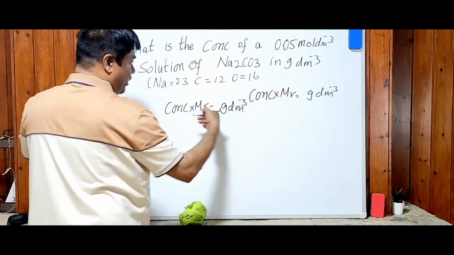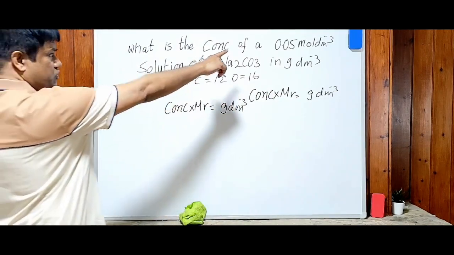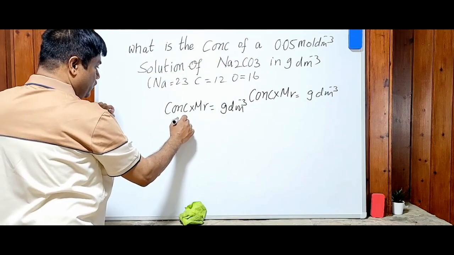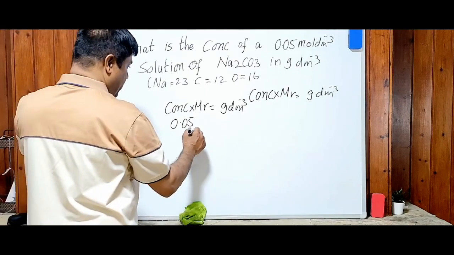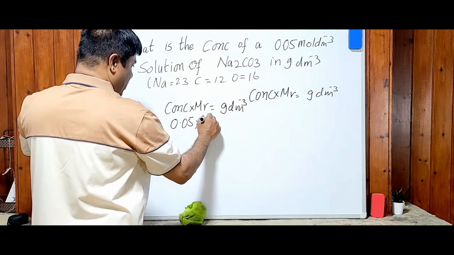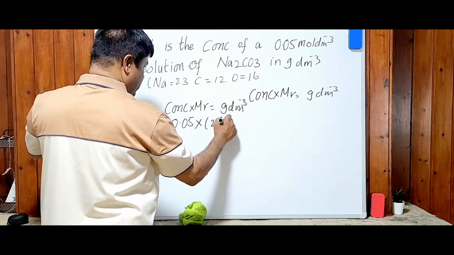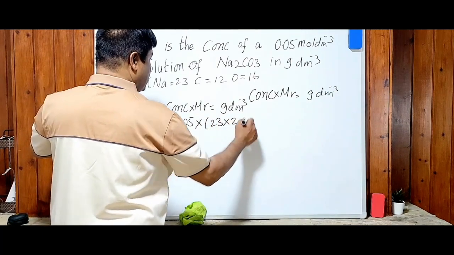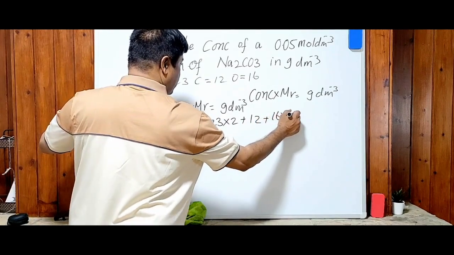Sorry, I have written the formula twice, so it doesn't matter. What's the concentration? 0.05 and Mr of sodium carbonate. Mr of sodium carbonate, Na 23 times 2 plus carbon 12 plus 16 times 3.